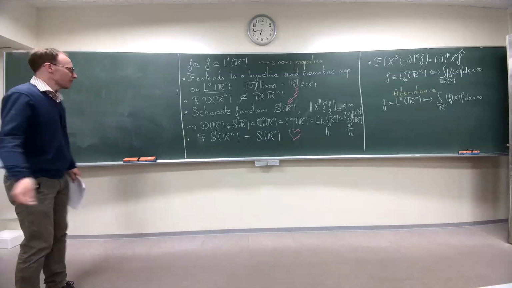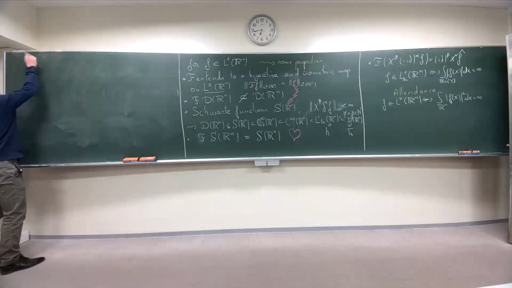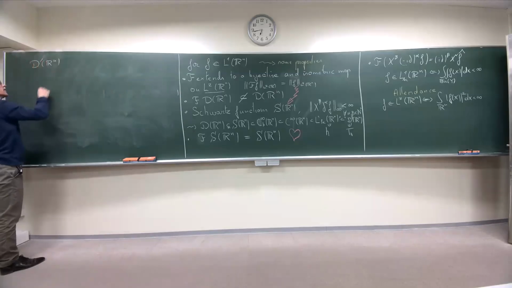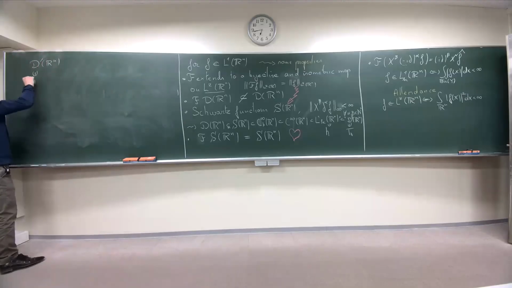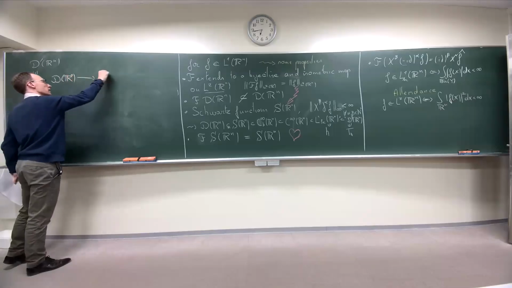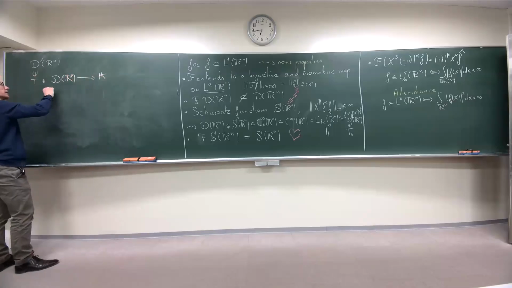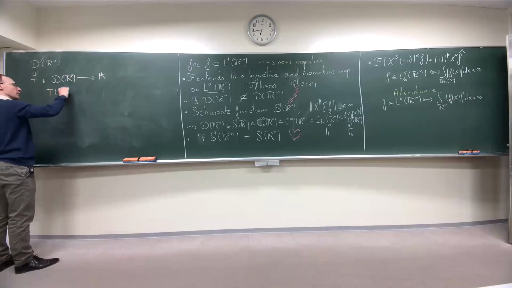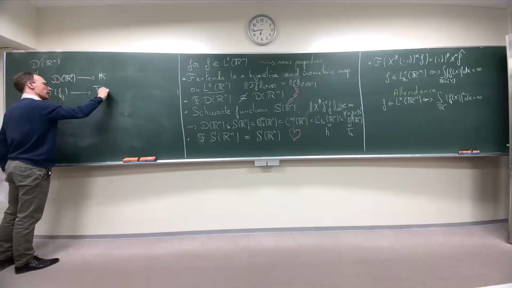Remember when we defined distributions, let me just remind you one more thing. When I defined D prime of R^n, it was a set of functions from the set of test functions to K, so that T of f_j converges to T of f_infinity.